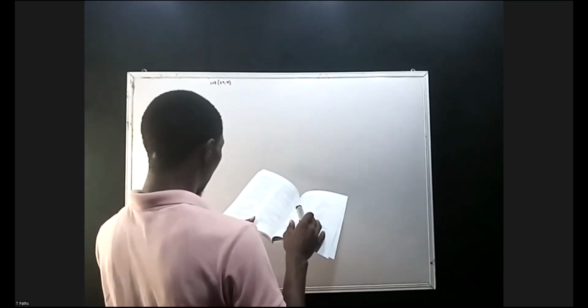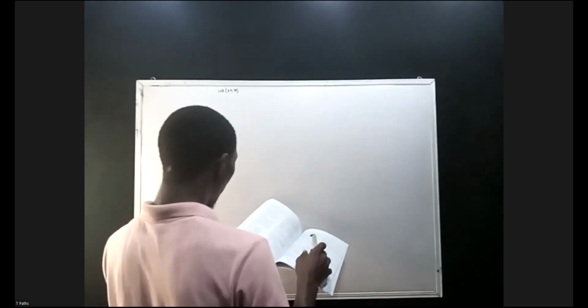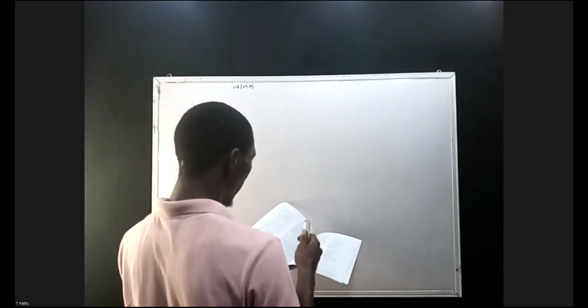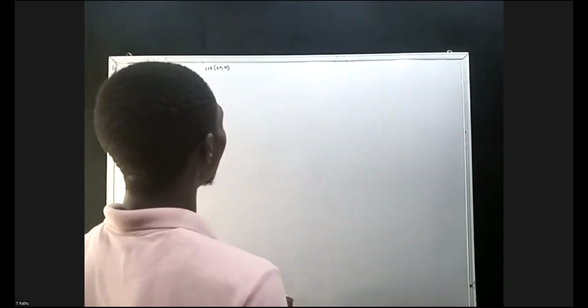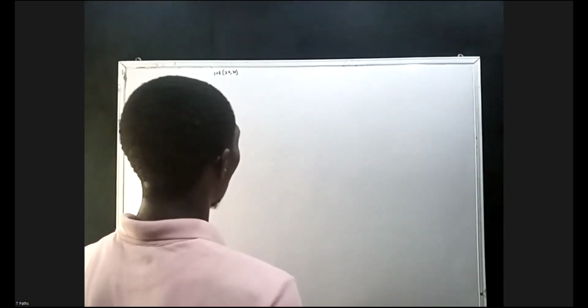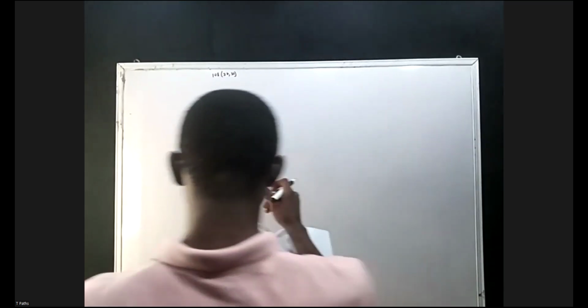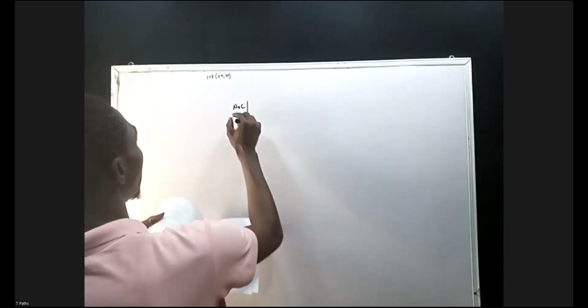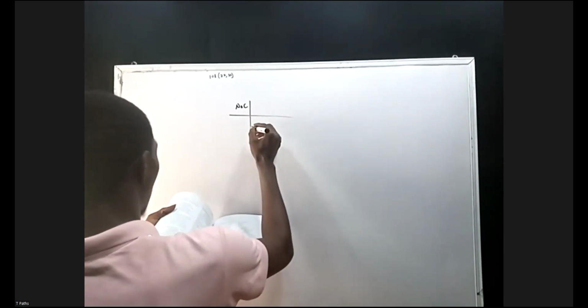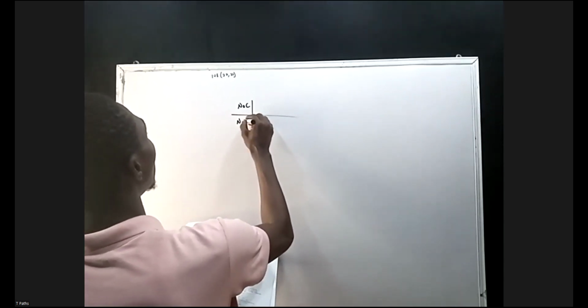It says the number of children is given and the number of families are given, so we have to find the mean, median, and mode, respectively. We start with the table: the number of children, then the number of families.